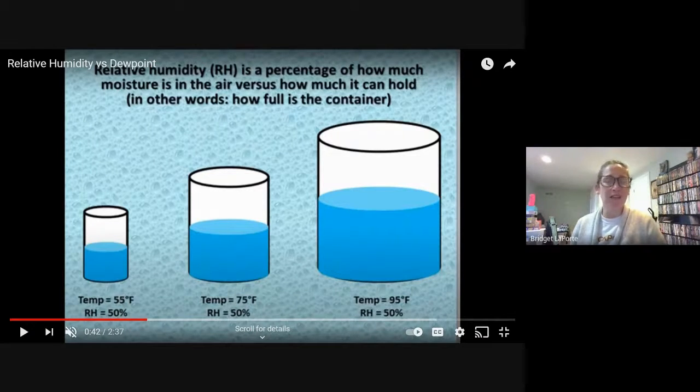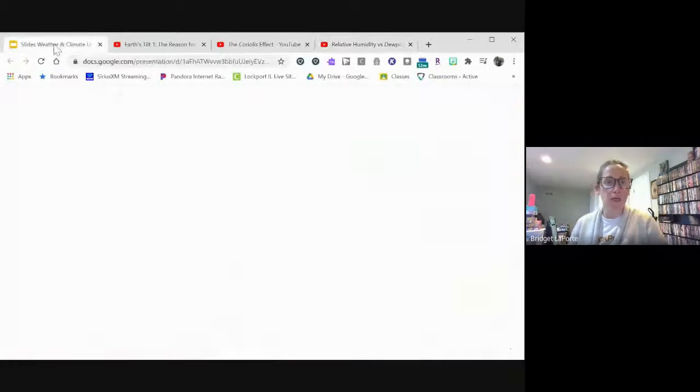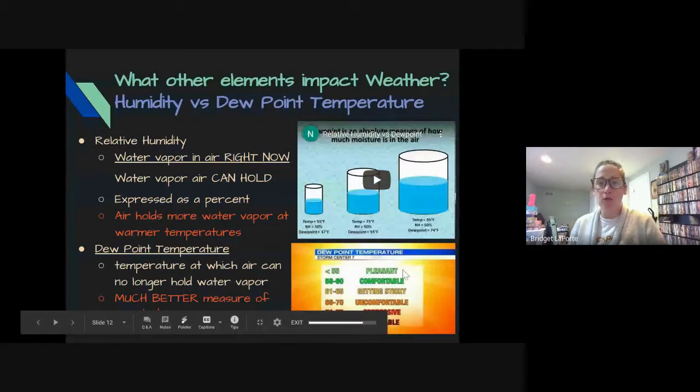So relative humidity, that percentage doesn't really help us out. By looking at the dew point temperature, by paying attention to what that dew point temperature says on your weather app, that's going to be a much better indicator. We'll take a look at that here. A much better indicator of what the humidity would be. So here is listed just some general categories of dew point temperatures.